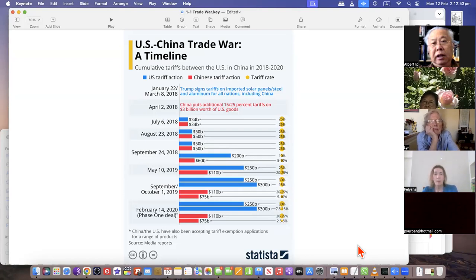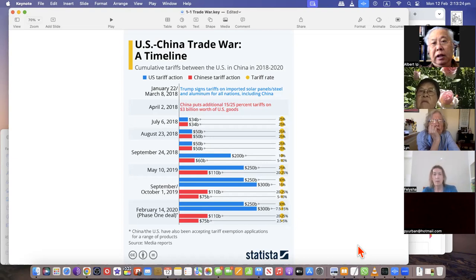Initially, on July 6th, the U.S. announced $34 billion at 25% tariff. China matched it with $34 billion. The second lot in August, $50 billion. China matched it with $50 billion. In September, another $15 billion from the U.S., China matched it with another $50 billion.